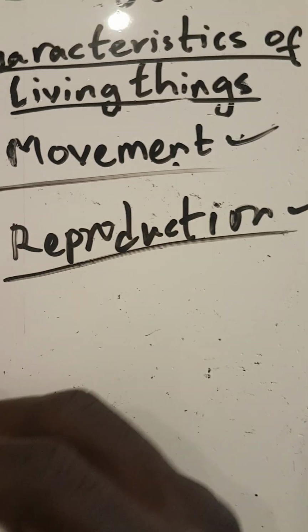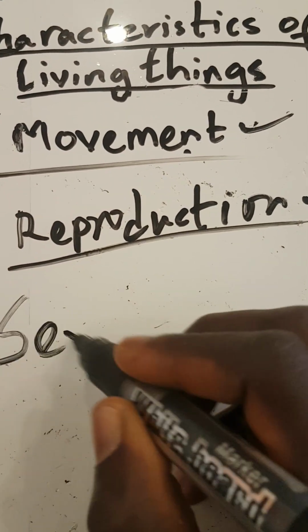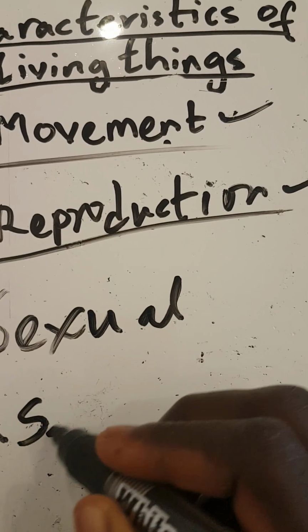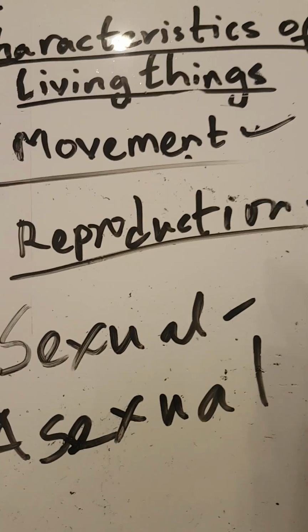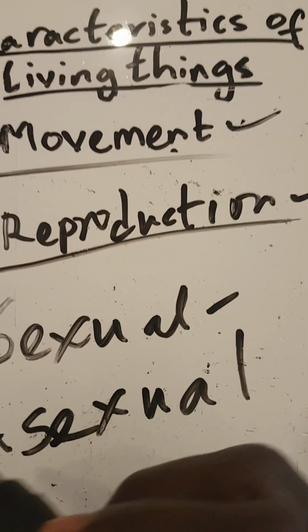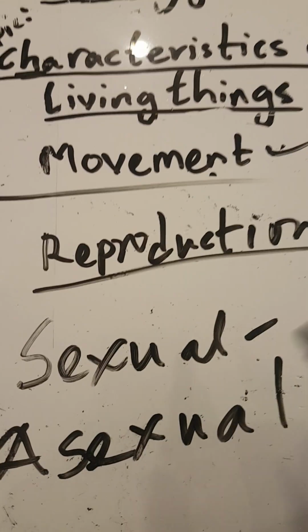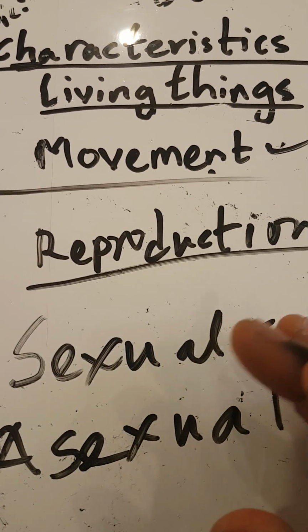Plants reproduce, animals also reproduce. In plants we have sexual reproduction and asexual. Sexual has to do with the coming together of the male and the female sex organ to reproduce. While the asexual doesn't have to do with both male and female.